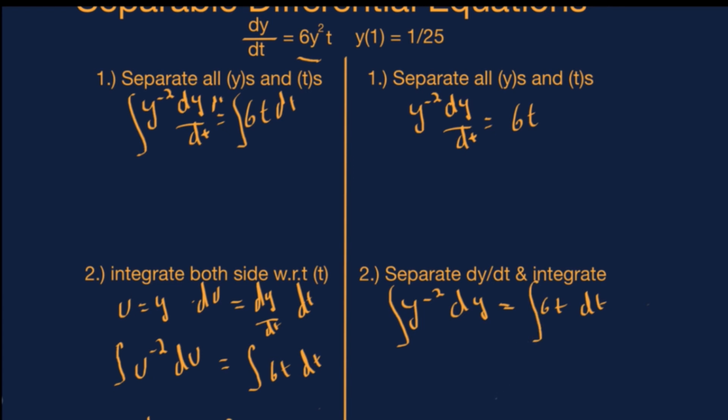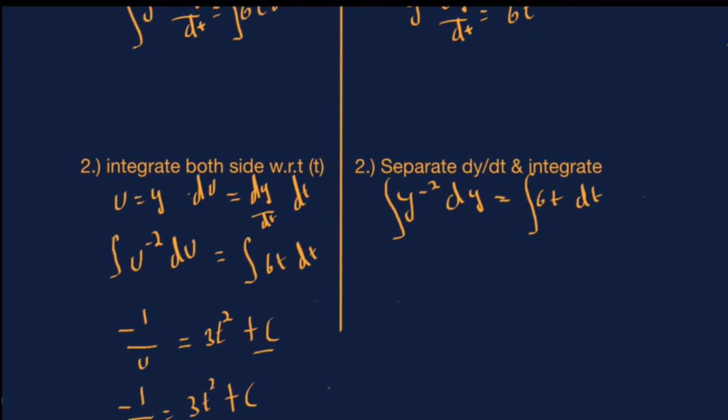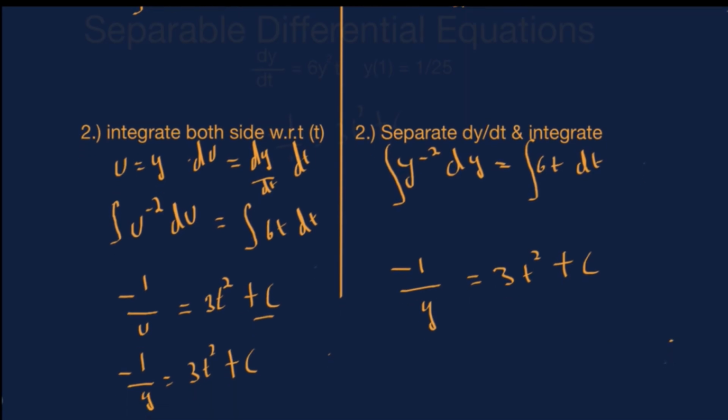And when we do that, we get the same implicit solution, which is negative 1 over y is equal to 3t squared plus c. Well, there you go. Both methods result in the same solution, but the second method is much faster.